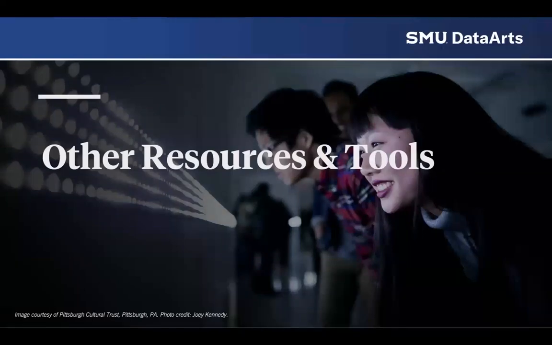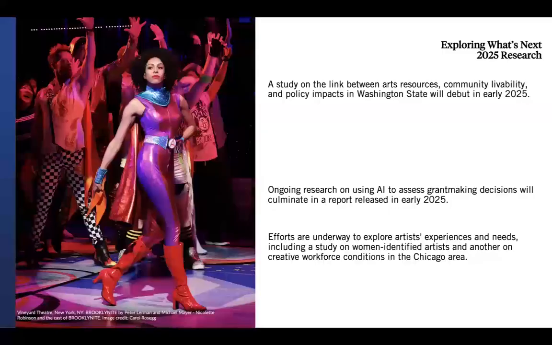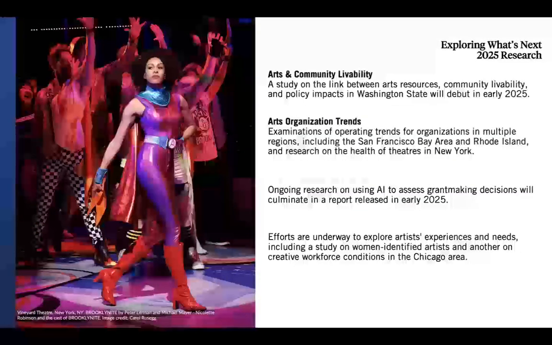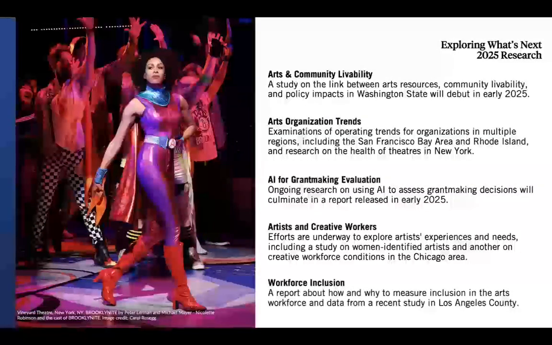I also want to start with a shout out to some of the research that's coming down. I'm so sorry, it did something funny with the animations. I apologize. But here are a couple of research topics that we will be exploring in this calendar year. Our research team will look at arts and community livability. We'll continue to explore arts organizational trends.